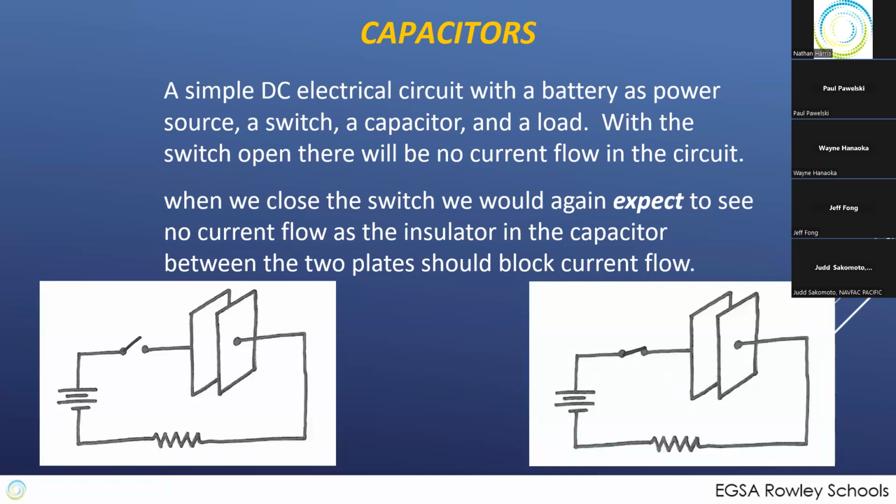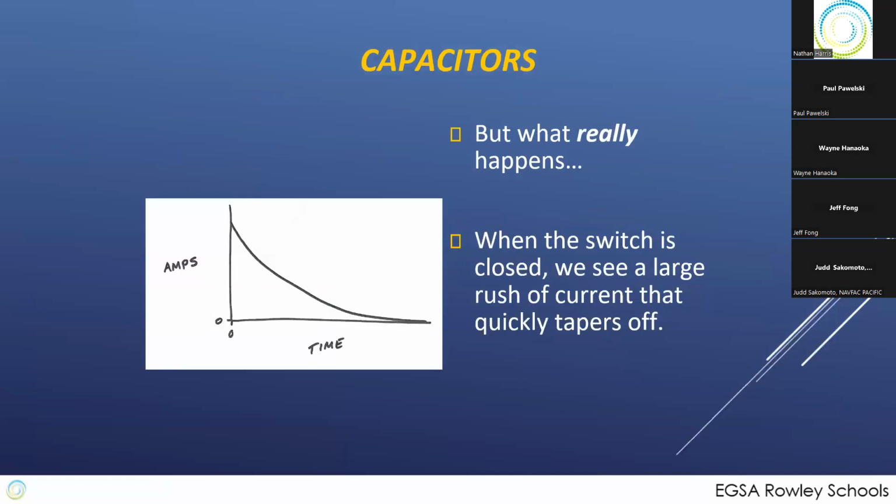Now, the thing is, when you look at them, they should block current flow the same as opening a switch. That's not exactly so. If you close the switch in that last example, the current flow goes up really fast as all the electrons go rushing around and they hit the capacitor. It's like going into a conference room or going into a train car.